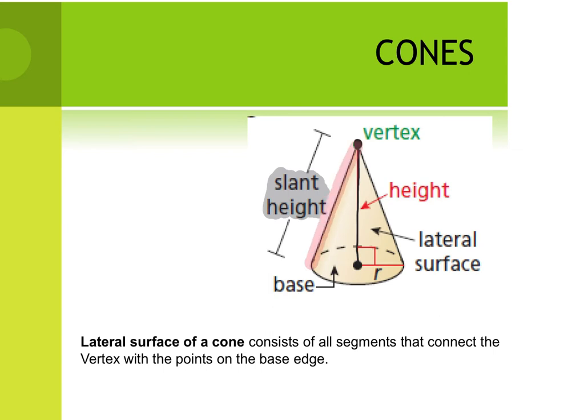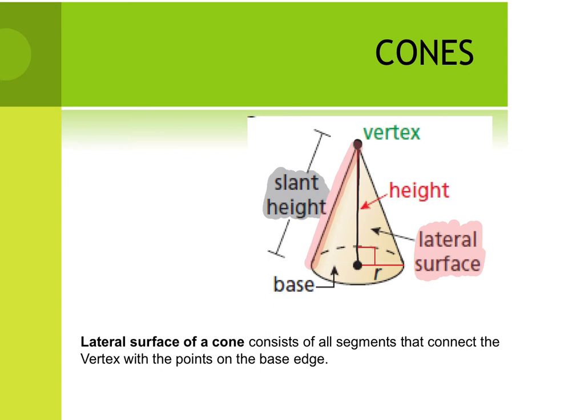Excellent, okay? And then I also want you to highlight lateral surface, okay? The lateral surface, imagine that this was like an ice cream cone, right? And you know how ice cream cones are hollow, right? The lateral surface is the surface area around the cone, not including the base, okay? It consists of all the segments that connect the vertex with the points on the edges of the base.